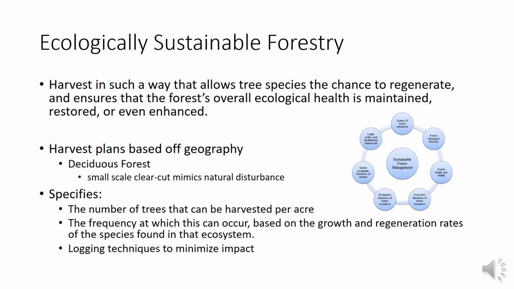And then also any logging techniques to minimize impacts. You can hand cut your trees, or some companies are actually using horse and buggies to bring the lumber out of the forest, so that way they don't have to build roads. So, right, these are sustainable ways that you can actually harvest lumber products.